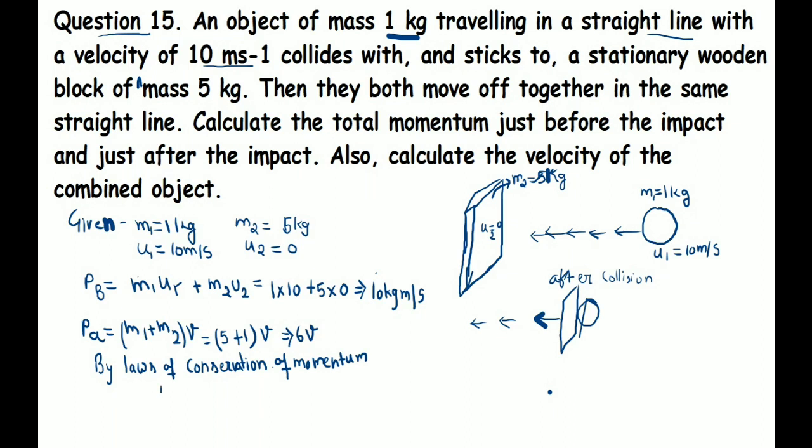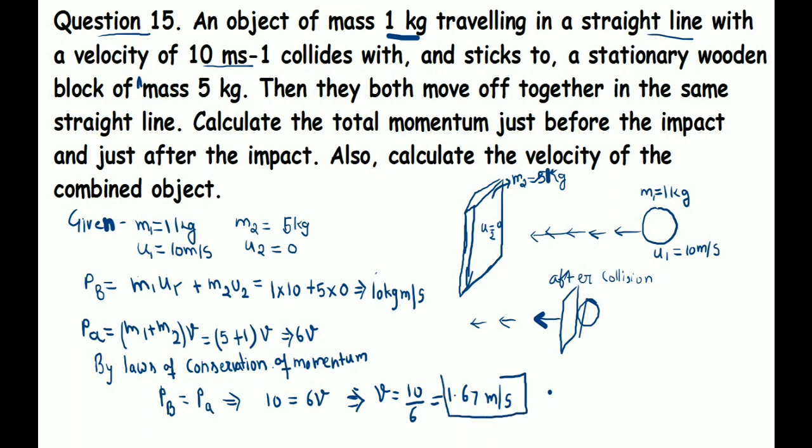Okay, so we can write P of B is equal to P of A. Now we can place the values we got previously. 10 and 6v are equal. Solving this, 10 by 6 gives us the value 1.67 meter per second. This is the final or combined velocity by which both objects were moving together.